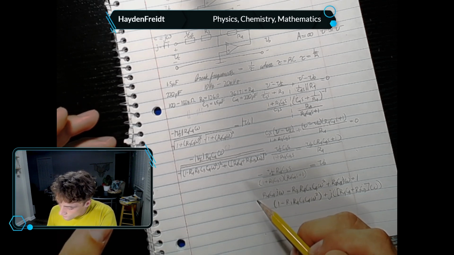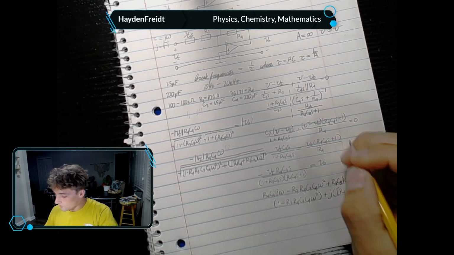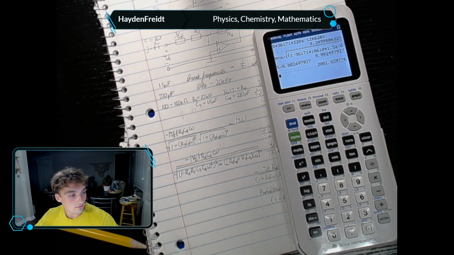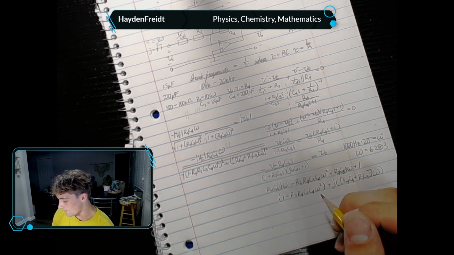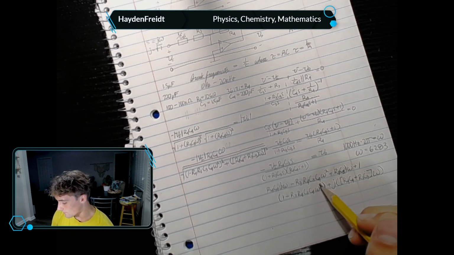Now this is what we'll use, and we'll plug in 6283 again. What is the mid-band gain? Let me explore another route, because we got to this point.